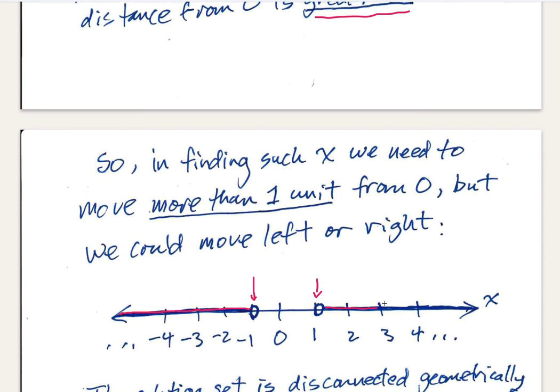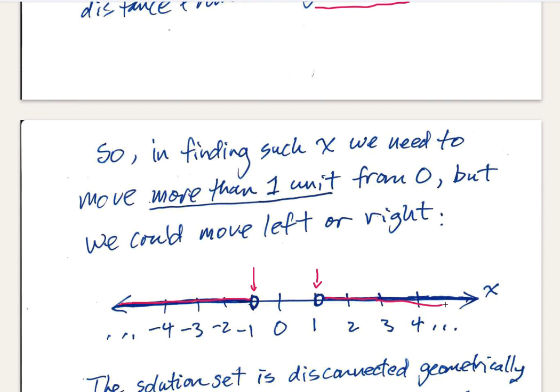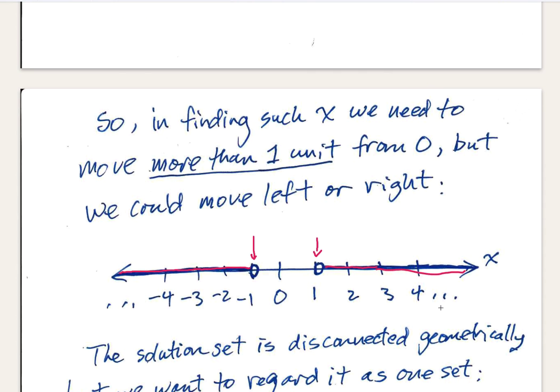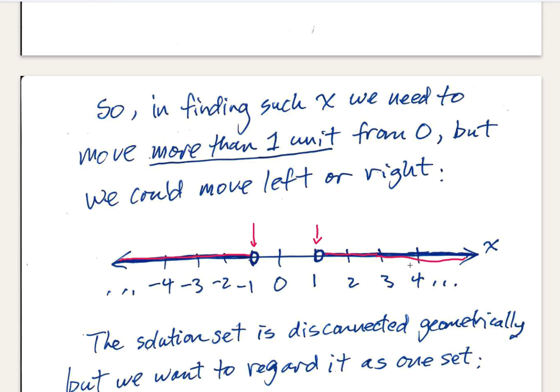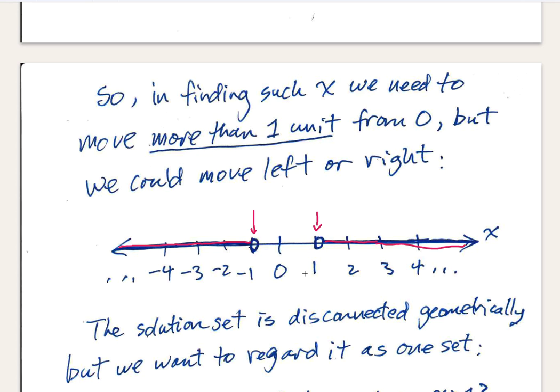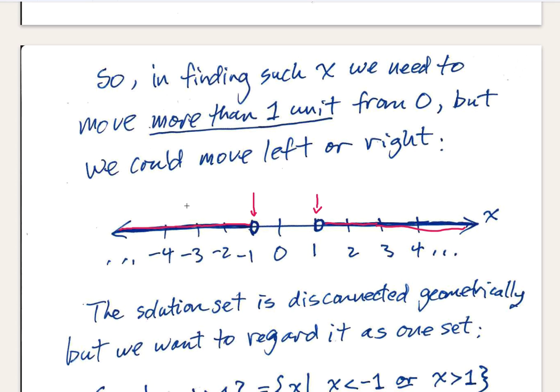Okay, so notice that this solution set is actually disconnected geometrically. Unlike our previous example, where you had just a single interval, with the less than or equal to, this solution set is disconnected. So we have two pieces that look like the real number line had a bite taken out of it.